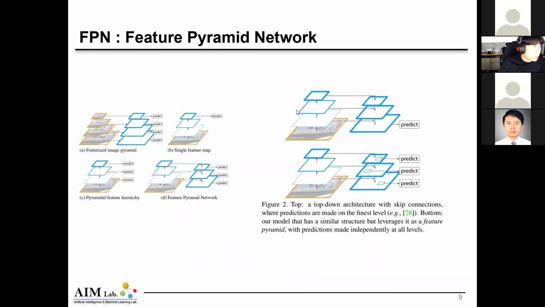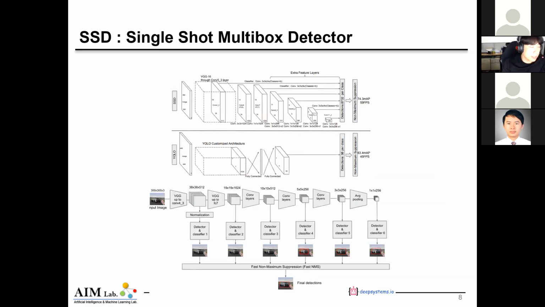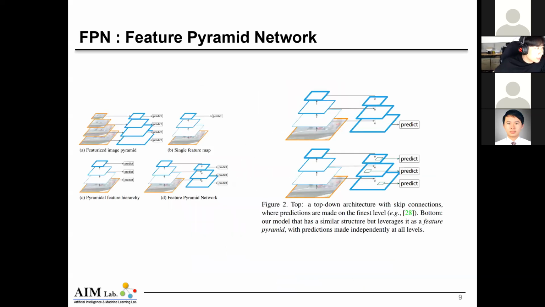But feature pyramid networks have made it more accurate and better than SSD. In SSD, you can see this part of C. It is very similar to SSD.